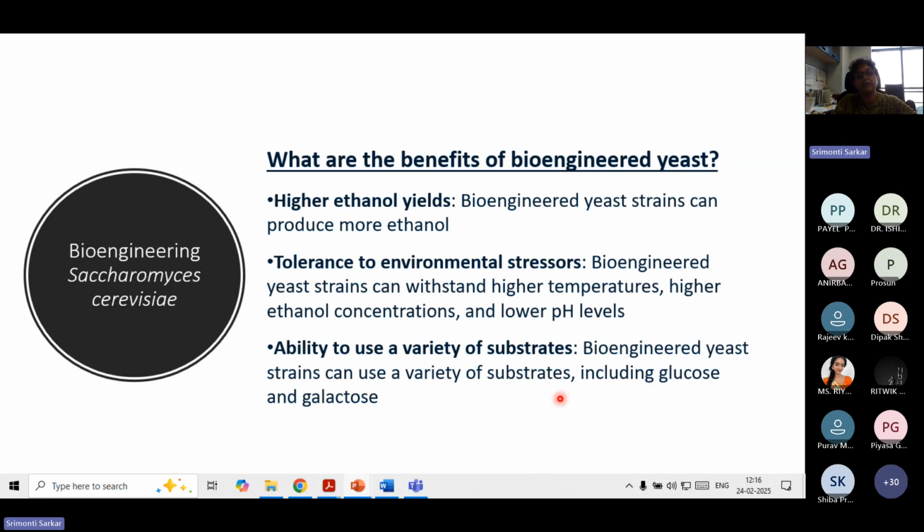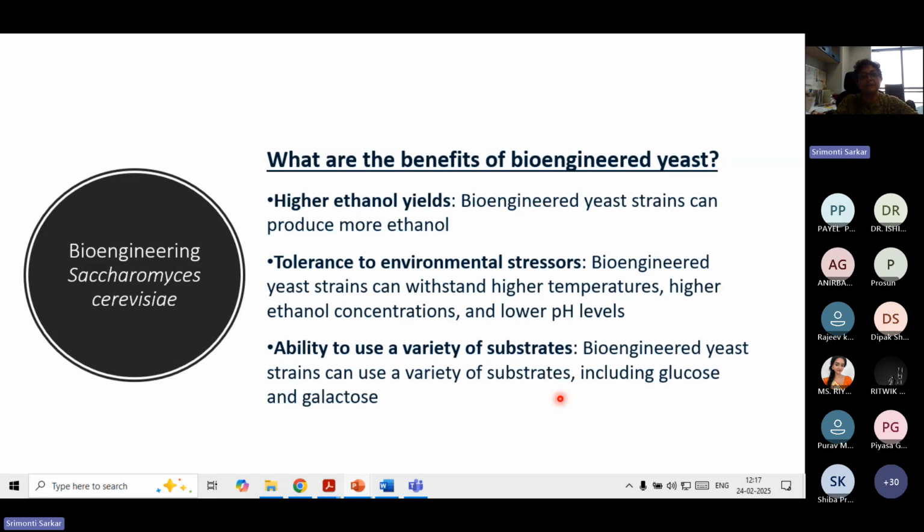Like I said, metabolic engineering should be able to give you higher ethanol yields. Not only that, if yeast can survive in the presence of the excess ethanol in the medium, they will also continue to produce ethanol for a longer period of time. This is a tolerance to environmental stressors.